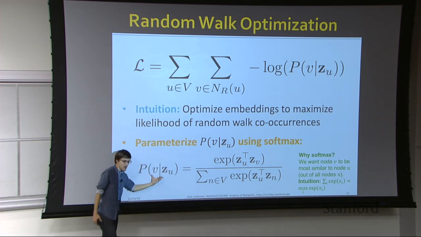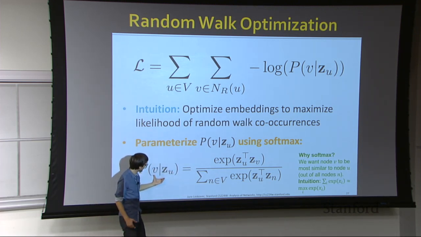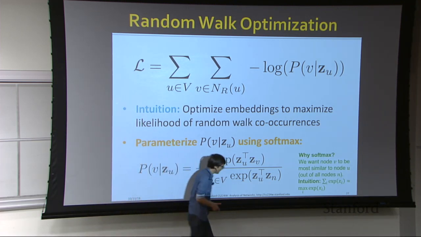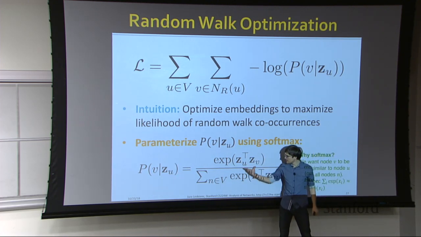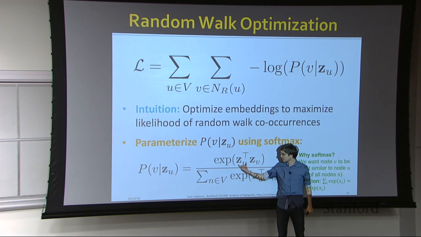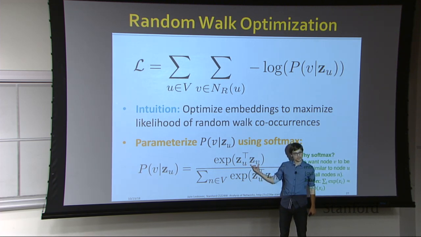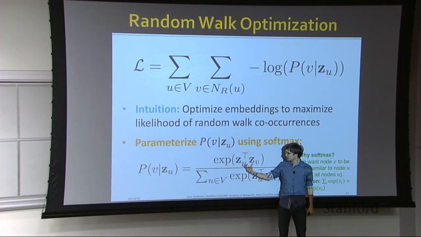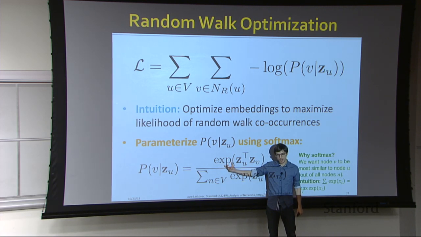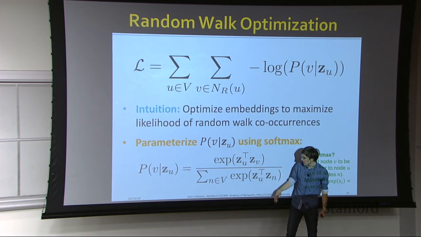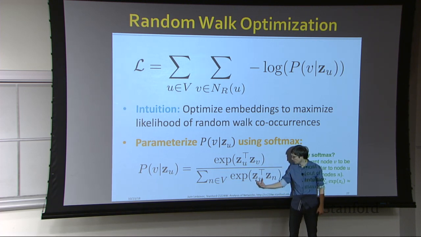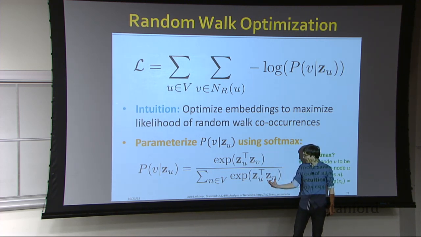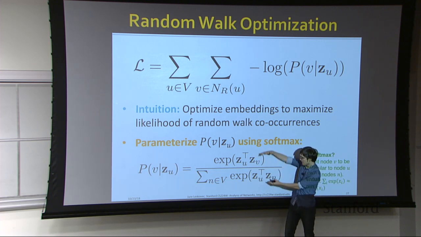Here is how I will parameterize it. This function is called softmax, and I will explain why it's a good idea. Basically, I take the coordinates of node U and the coordinates of node V, and I do the dot product. I exponentiate that, and then I normalize by the sum of the exponentiated dot products of node U with any other node in the network, so that this is between 0 and 1.